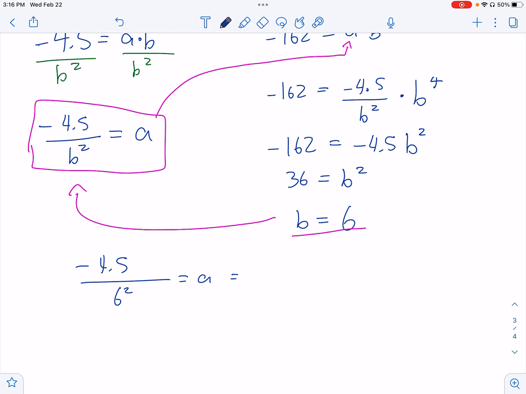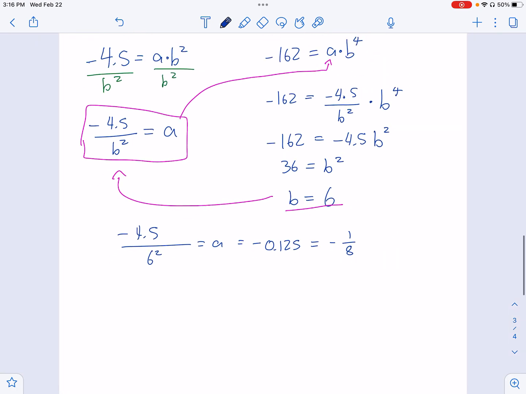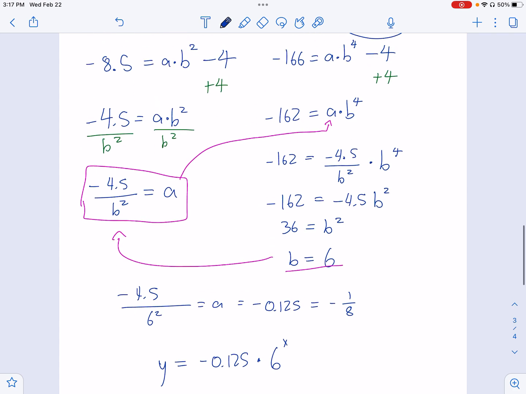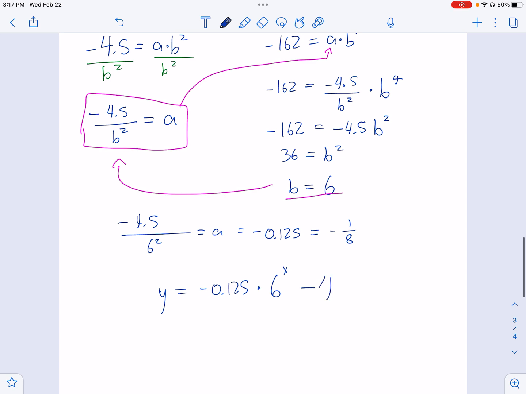And that is negative 0.125 or negative 1/8. So then there's my function. My a value is negative 0.125 times 6 to the power of x, and not forgetting that I have a minus 4 for the asymptote. All right.